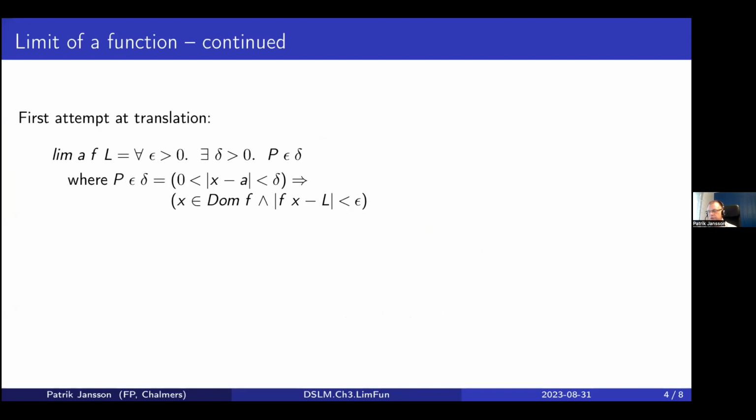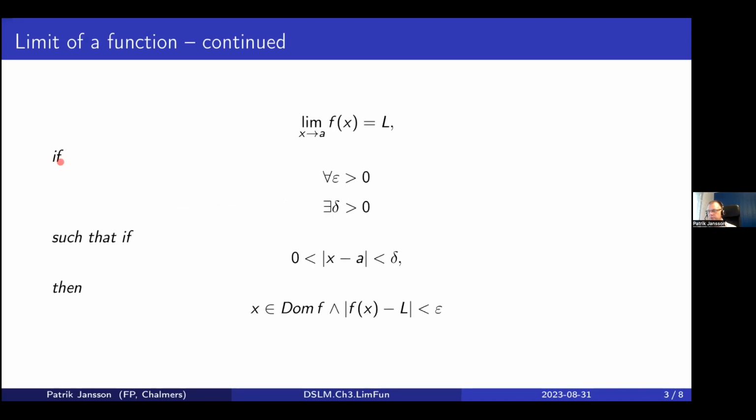Okay, so the first attempt at translating this to some logic expression. This looks perhaps like Haskell, but it's actually not Haskell because you cannot write for all and exists in Haskell. So it's pseudocode. It's some logic language, more of mathematics. But I try to write it so that it looks like a functional programming definition. So we have the limit, and I've changed a little bit from the previous slide.